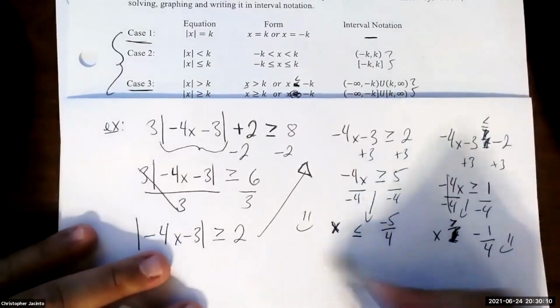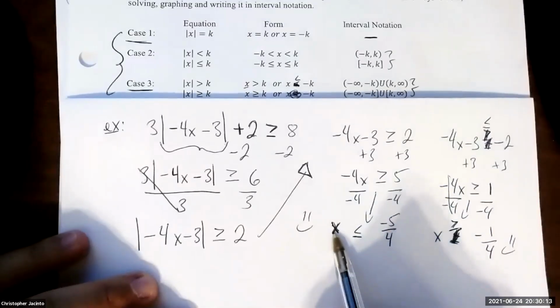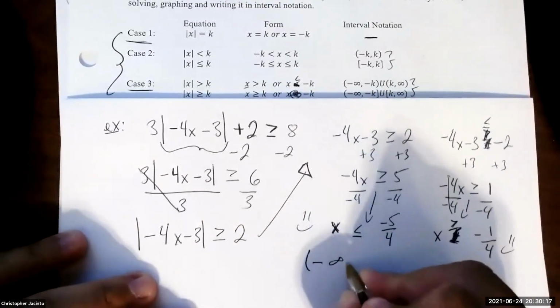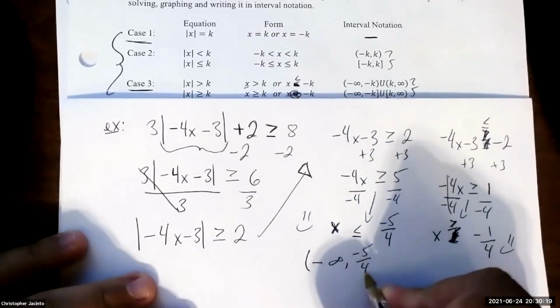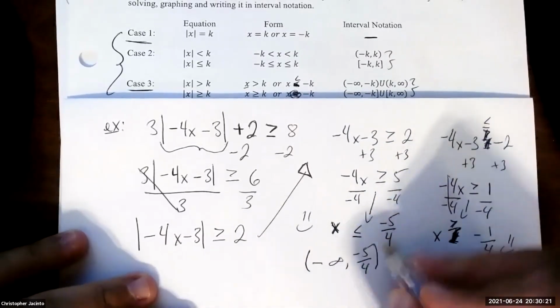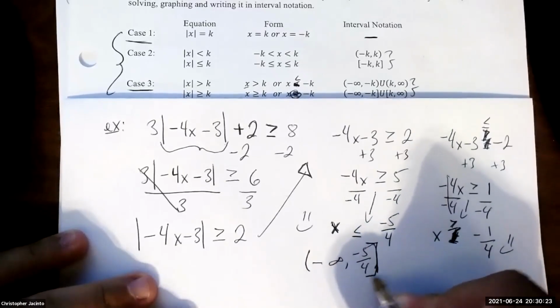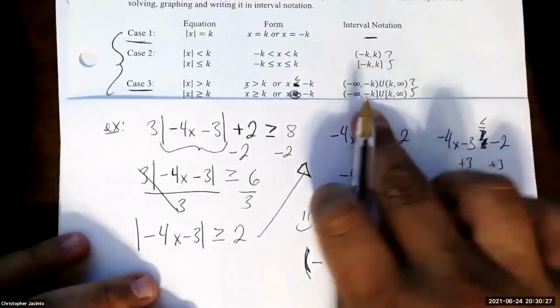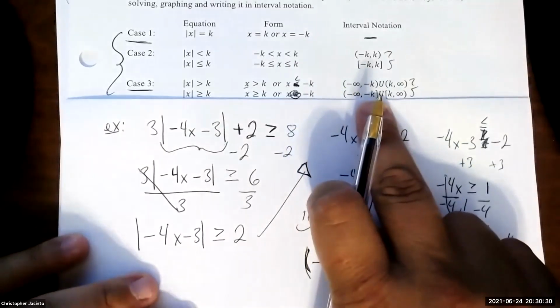So when you do interval notation, x is less than this value, so we know -infinity to -5/4. And since we have equality, remember there's no bracket on infinity, just on the k value.